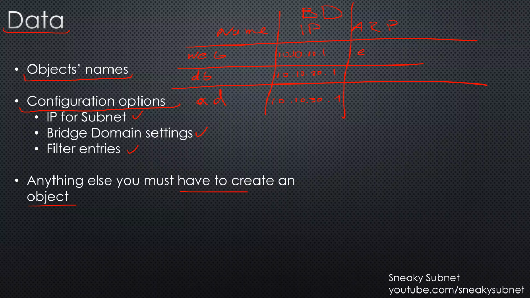We will enable ARP flooding for web and DB and disable it for Active Directory. We will feed this data, this file, to our automation tool, and it will loop through rows in the spreadsheet, derive the necessary information, and use it to create the necessary objects.